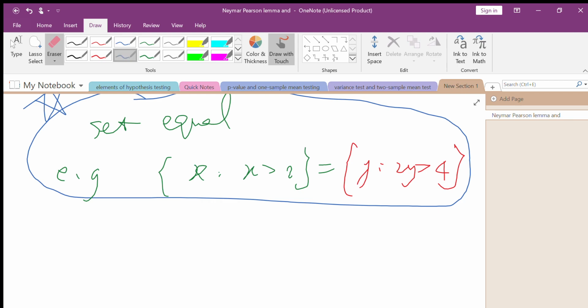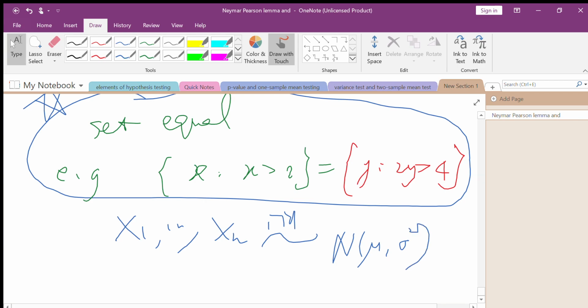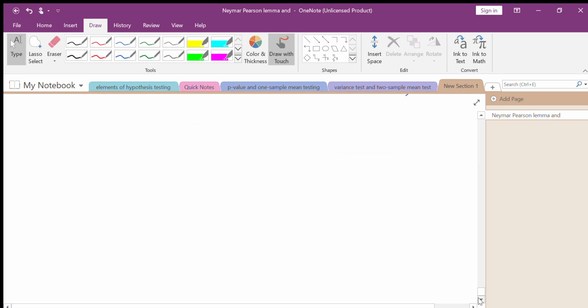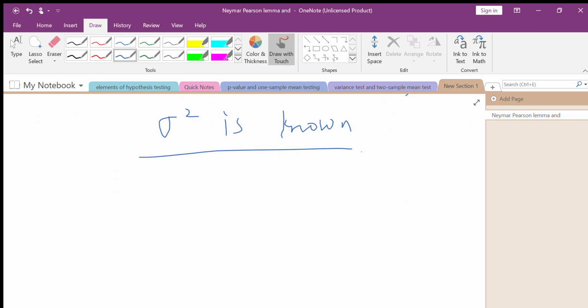Let's consider capital X1 all the way to capital Xn iid normal mu, sigma squared, and sigma squared is assumed to be known. Then let's review the PDF of the normal distribution.